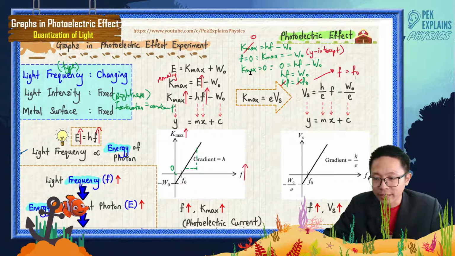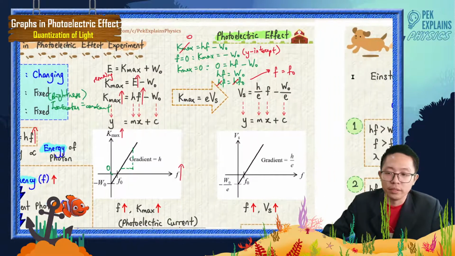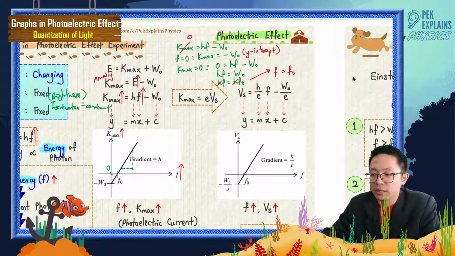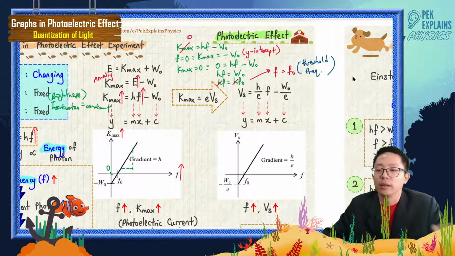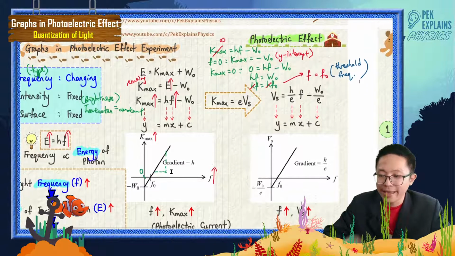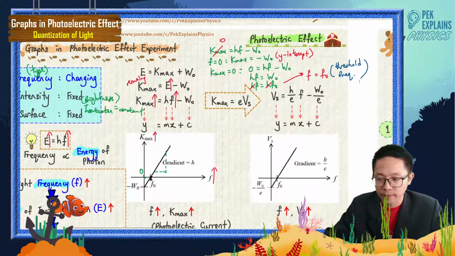So when Kmax equals 0, my frequency is the threshold frequency. Okay, so the x-intercept is the threshold frequency. The y-intercept is the work function, negative W naught.